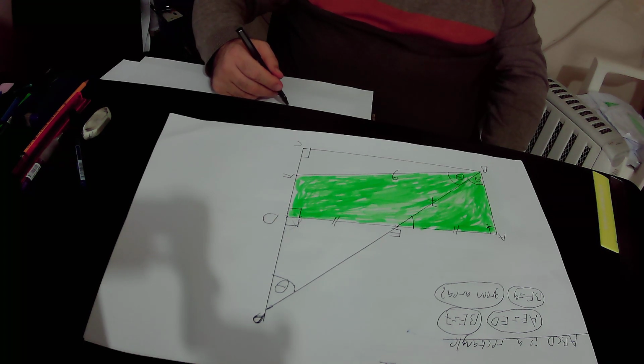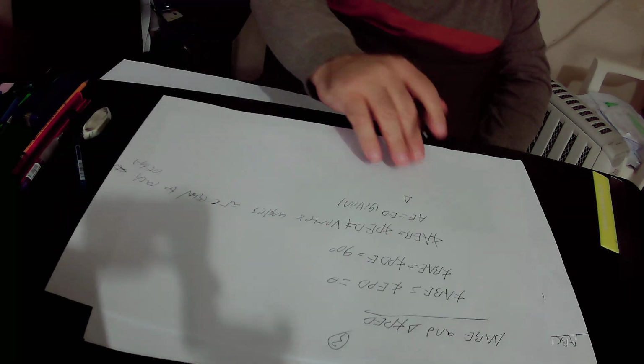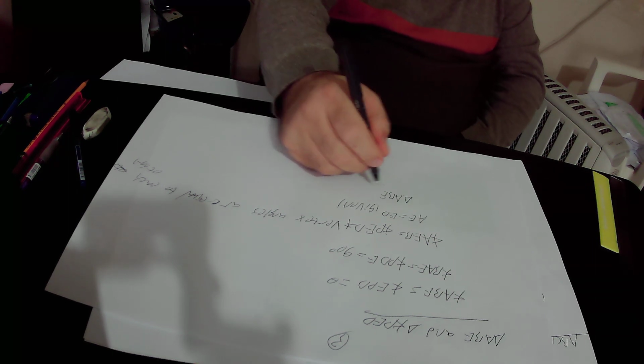So I'll write it down. We proved the triangle ABE congruent.